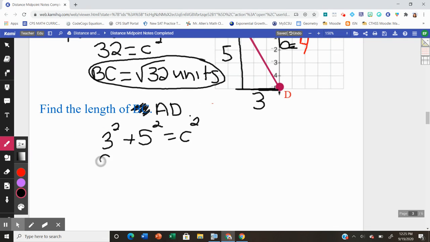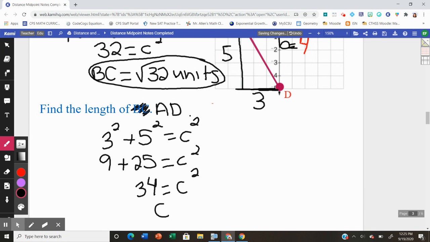So 3 squared is 9. 5 squared is 25. Add them together for 34. And then the last piece, in order to solve for c, is take the square root of both sides. And therefore, we can say that AD is equal to the square root of 34 units.